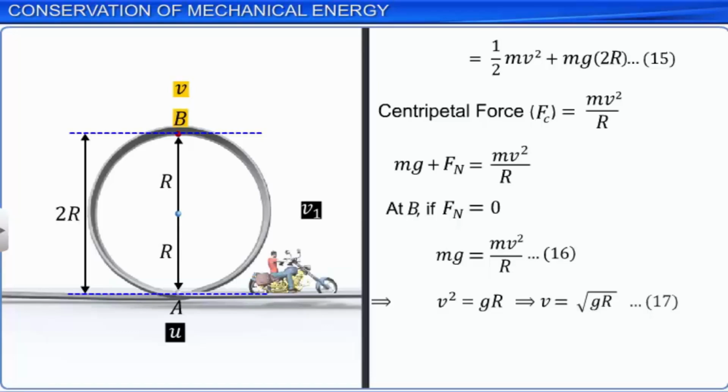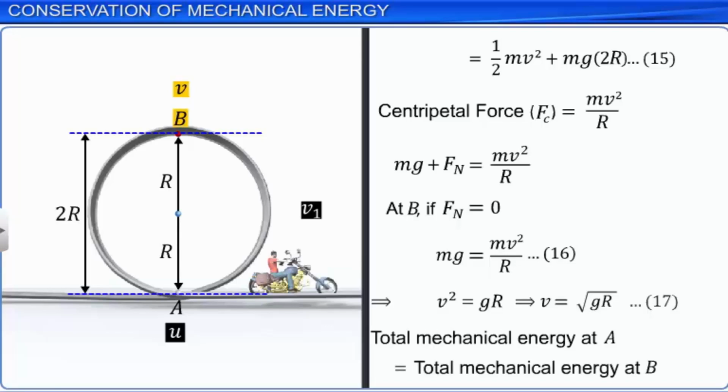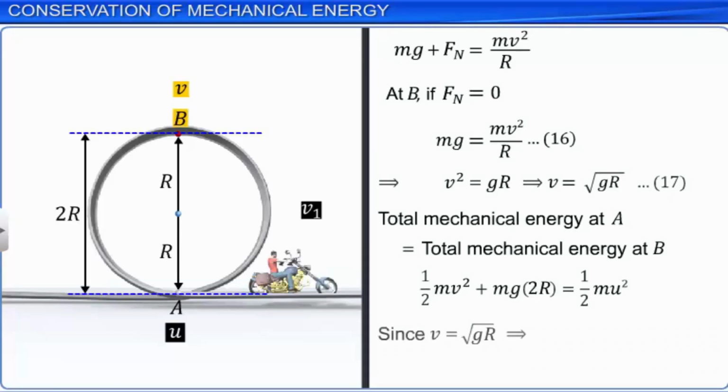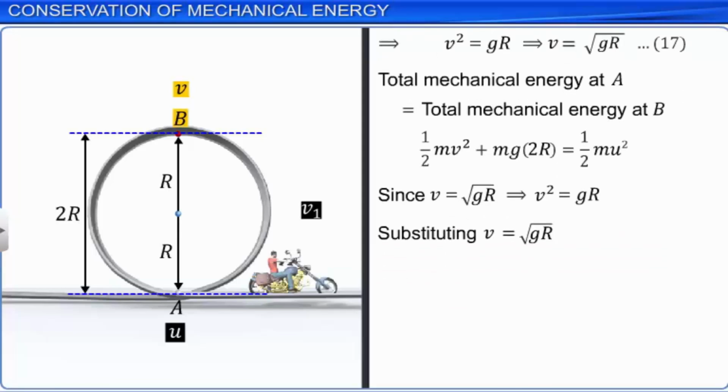According to the principle of conservation of mechanical energy, the total mechanical energy at A is equal to the total mechanical energy at B. Thus, half mv square plus mg into 2r is equal to half mu square. But since v squared is equal to gr, substituting the minimum velocity at point B, v is equal to the square root of gr in equation 15, we get half mgr plus mg into 2r is equal to half mu square.